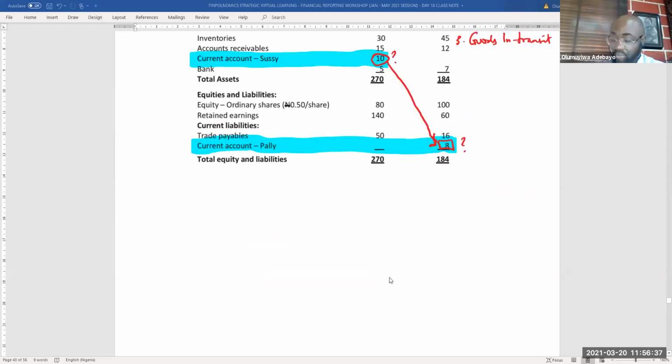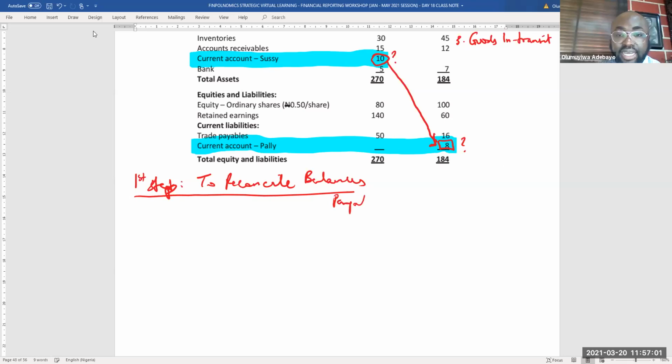The first step is to reconcile the balances. How do you reconcile the balances?